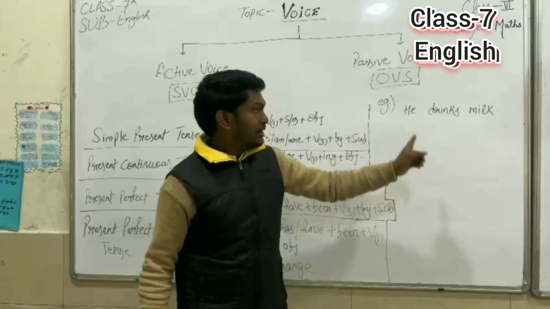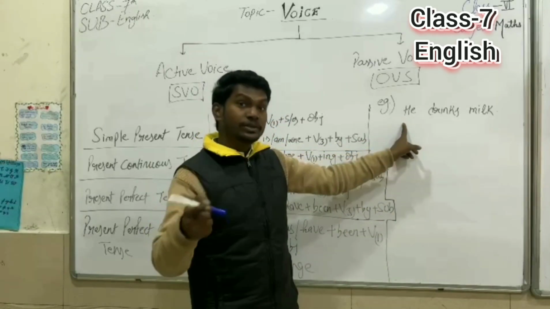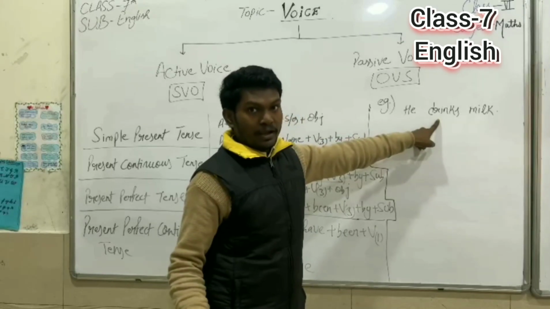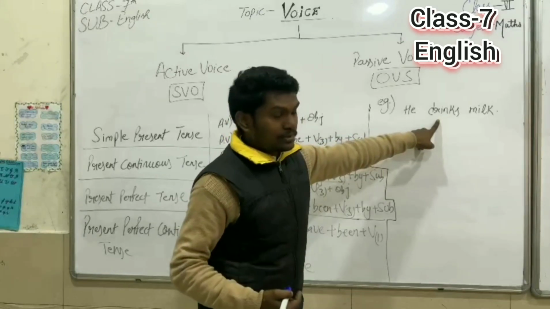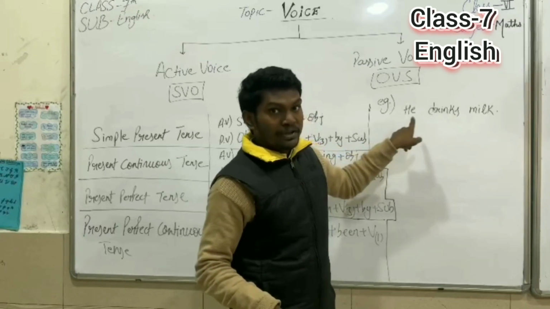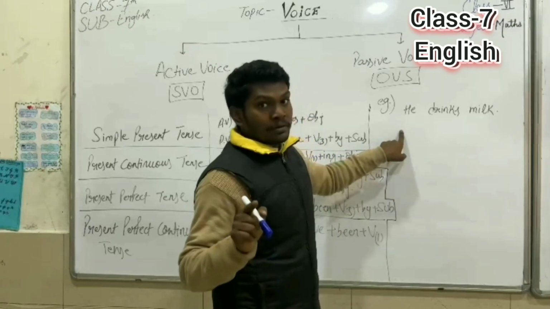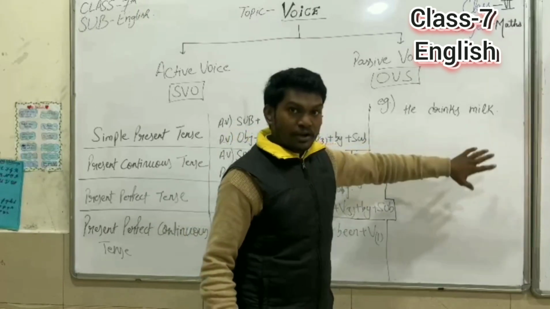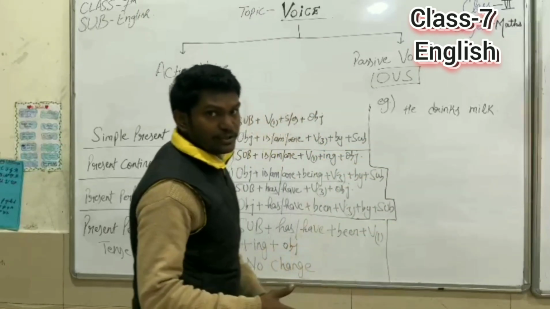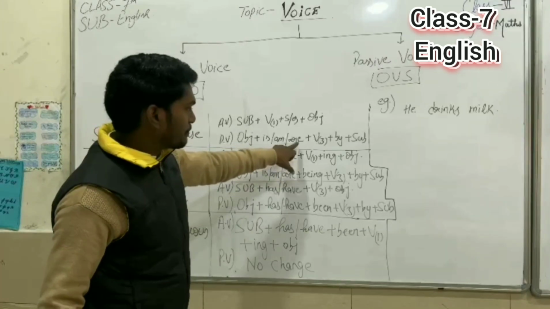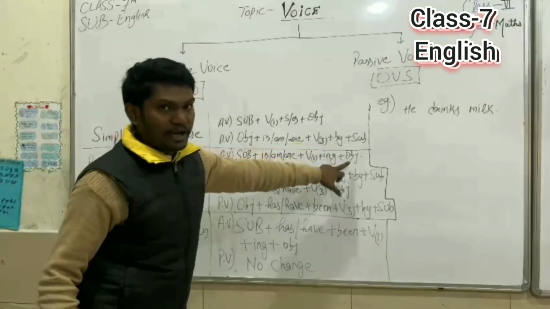Here he is the subject, which is third person singular. Drink is the main verb, and as you can see on the board, there is S with the main verb because he is third person singular. To change this active voice into passive voice according to the rule: object plus is, am, are plus third form of the verb plus by plus subject.